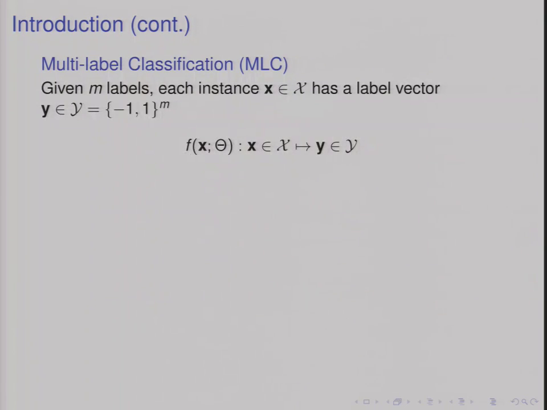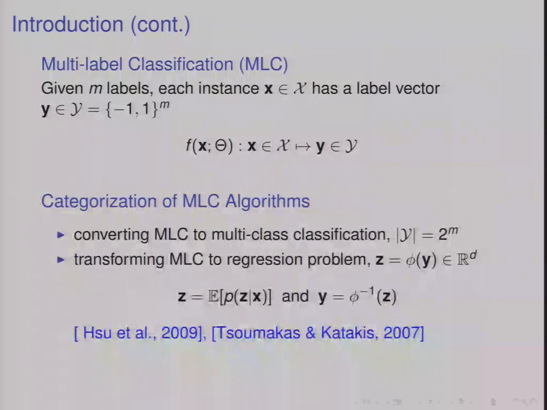Then multi-label classification, MLC, aims to learn a decision function which maps from the instance space X to the label set Y. A straightforward way to do MLC is to convert it to a multi-class problem. However, this is a bad idea because it needs an exponential number of classifiers.